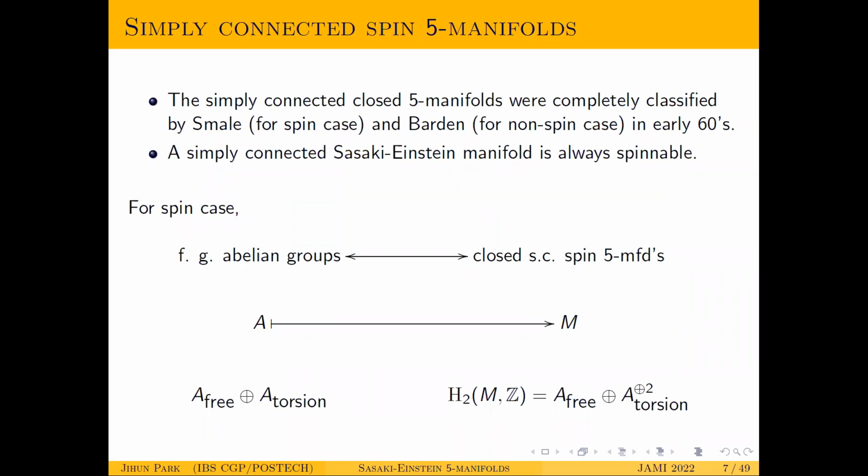When you have a closed simply connected spin 5-manifold, you consider its second homology group. The correspondence is given by copying the free part and taking twice the torsion part. Then this gives the one-to-one correspondence between these two categories.